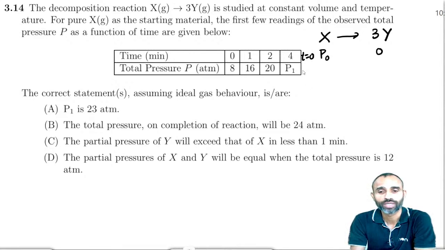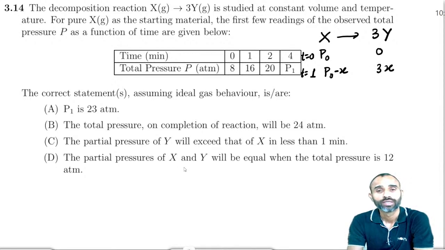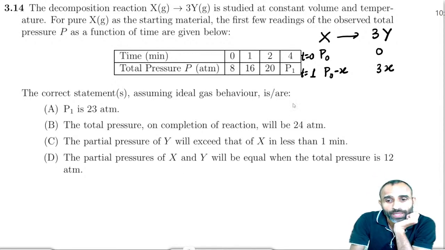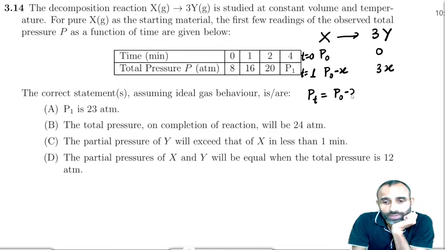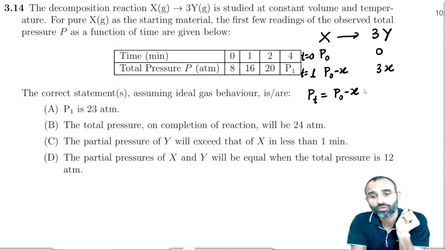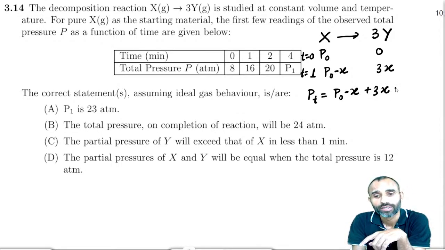Now after 1 minute, P naught minus x is Px. Now what is the total pressure after 1 minute? The partial pressure due to X plus pressure due to Y comes out to be P naught plus x.